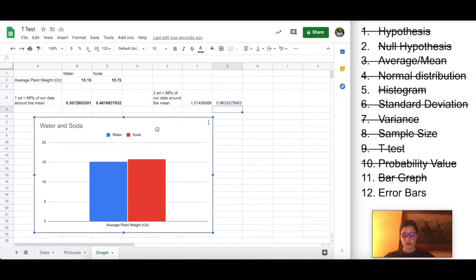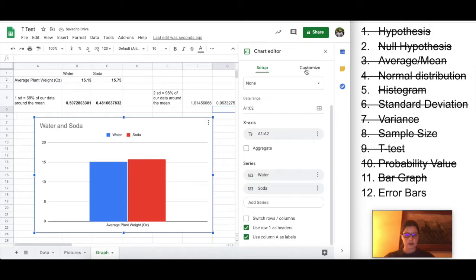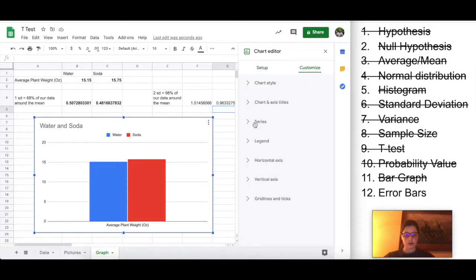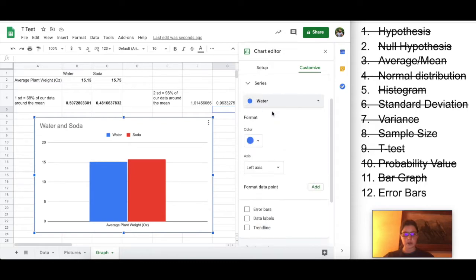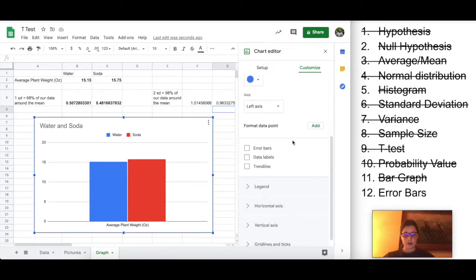In order to include the error bars, we're going to double click on our graph to get the setup. We're going to go to Customize, down to Series. From Series, you're going to click the one that you want the standard deviation for. We're going to start with water. You'll click error bars.